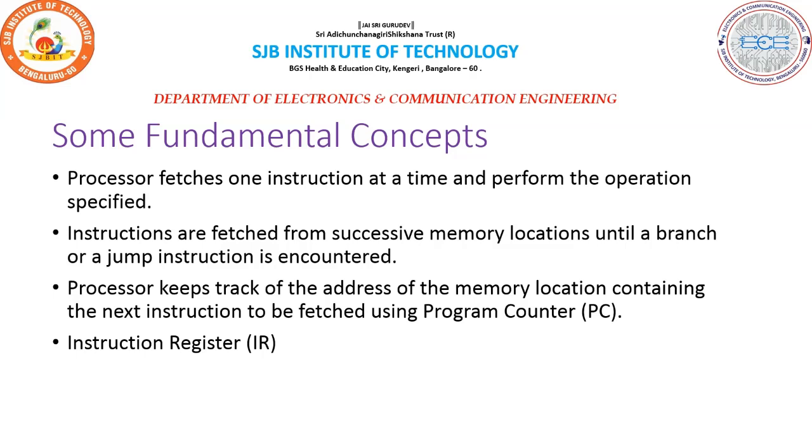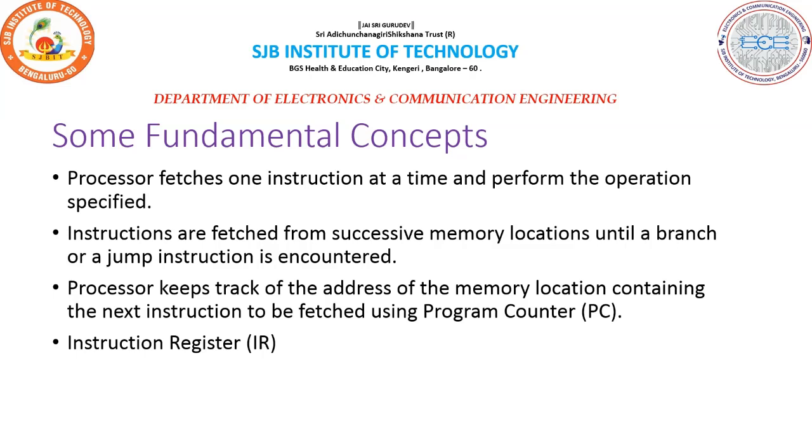Some fundamental concepts, as I was discussing earlier. What does the processor do? The processor fetches one instruction at a time and performs the operation specified. If it is an add or a multiply, that operation is done by the ALU. Instructions are fetched from successive memory locations until a branch or a jump instruction is encountered.